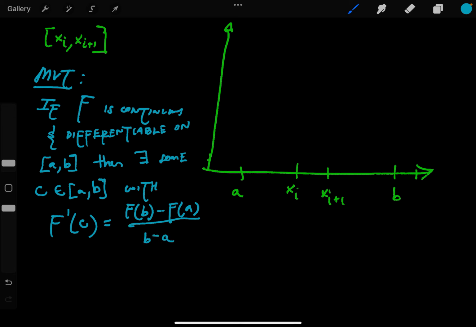This is the mean value theorem, and we have all the conditions that we need.